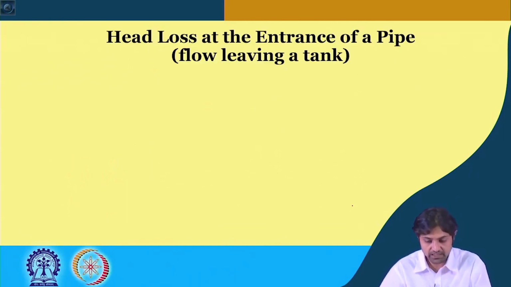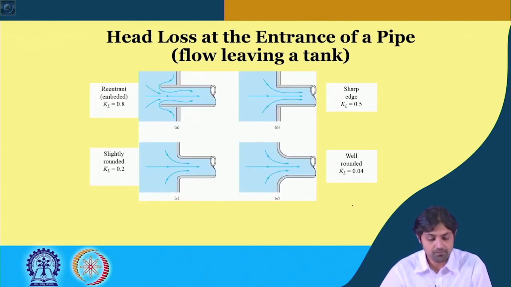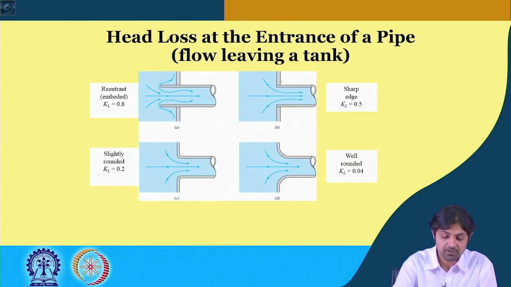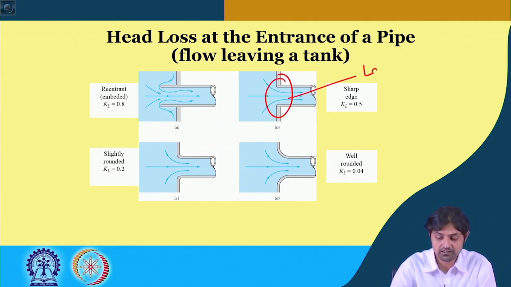Now the head loss at the entrance of the pipe, that is when the flow is leaving a tank. In this case it is the same thing. So sharp edge, this is also entrance only, this is the one that we studied in the last slide.